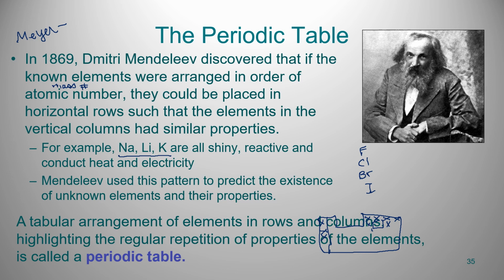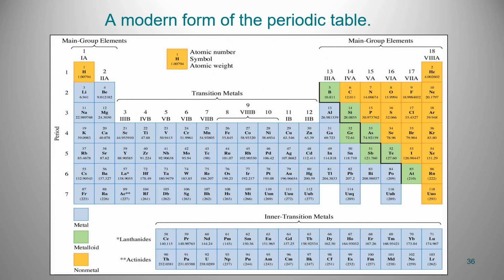So anyway, the tabular arrangement of elements in rows and columns, highlighting the regular repetition of properties of the elements, is called the periodic table. So there's periods, it repeats itself, repetition. So here's a modern day periodic table. I was sort of talking about this earlier. And I have a periodic table on Canvas. I really like it.